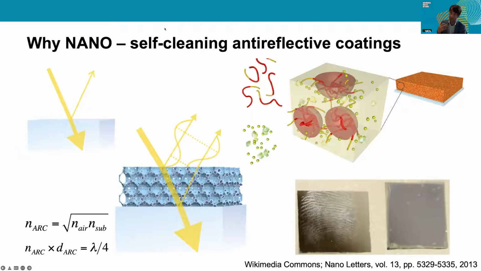And what can then happen is that you are first obeying those laws of anti-reflection, but also because you've now structured your material on the nanoscale, you are able to include some very potent material, which in this case is titania. And this titania normally would be very reflective, but because it's now structured on the nanoscale, you can include it, and it can be used to make this kind of coating self-cleaning.